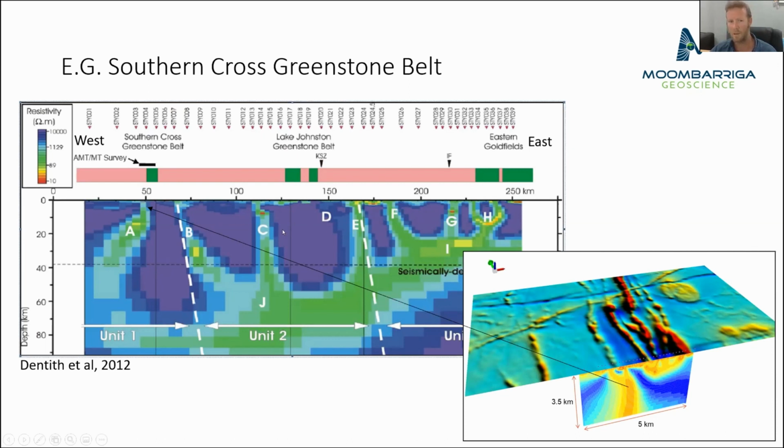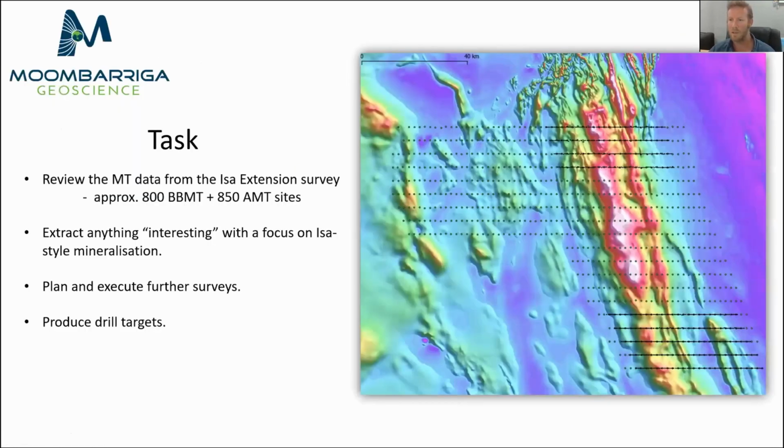We chased it up in here with 250 metre site spacing, sort of a combination of MT and AMT, and you can see that we pull out a lot more information out of the MT data when we do scale it down. And these are ultramafic belts within the Southern Cross greenstone belt, quite rich in nickel. There's a couple of mines along this ultramafic belt here, and you can see that the conductor feature seems to go down to depth and possibly be the conduit to the surface. So just a couple of examples there.